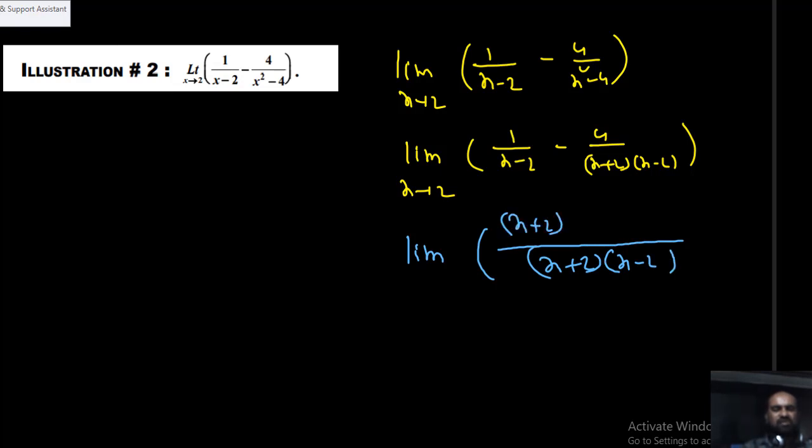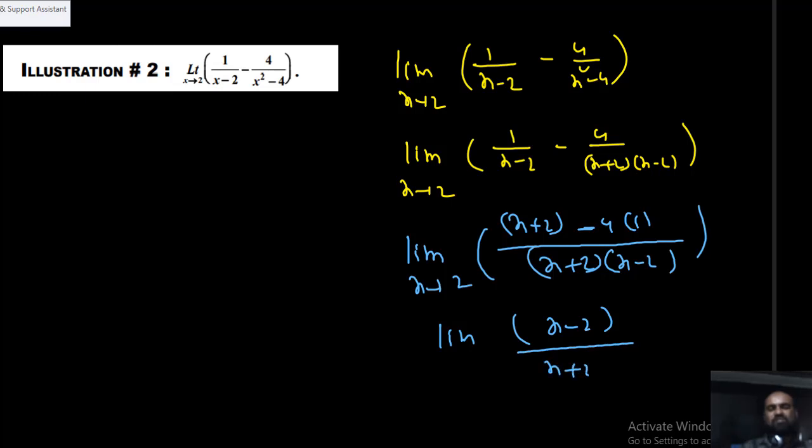Here I get x plus 2 minus 4 into 1, x is tending to 2. So what happened, students? Limit, this is x minus 2 by x plus 2 into x minus 2, where x is tending to 2.